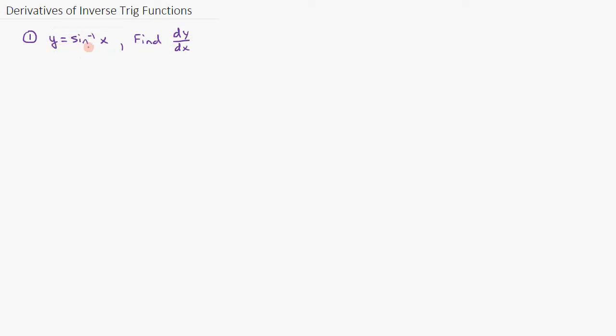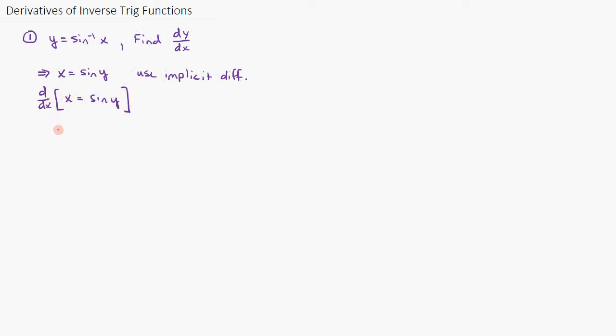So y equals inverse sine of x is the same as saying x is equal to sine of y, and then now use implicit differentiation. So we take the derivative with respect to x of the whole equation.